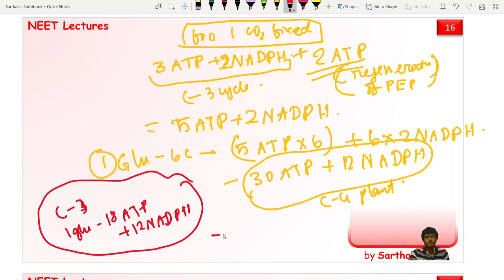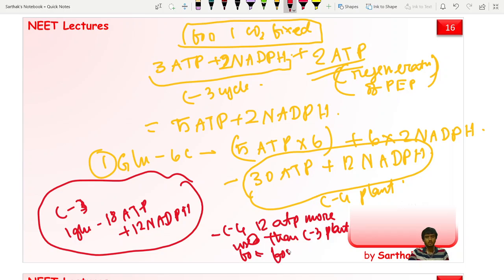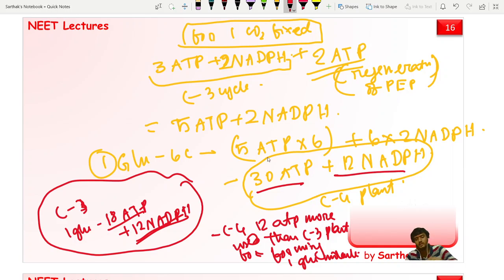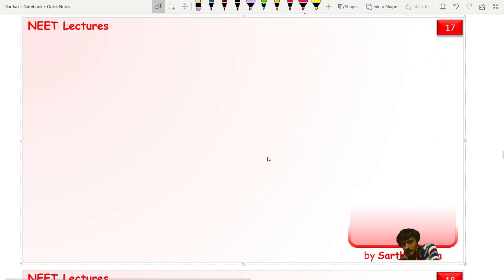In case of C4 plant, 12 ATP more are used than C3 plant for forming one glucose molecule. Okay, so this is 18 ATP plus 12 NADPH for one glucose molecule in C3, and here is 30 ATP plus 12 NADPH for one glucose molecule. So very clear. Okay, very clear.